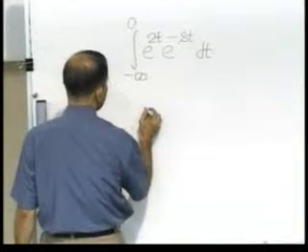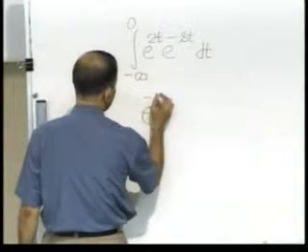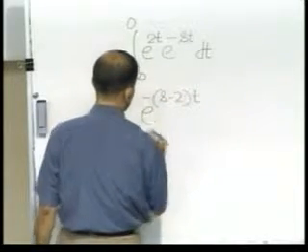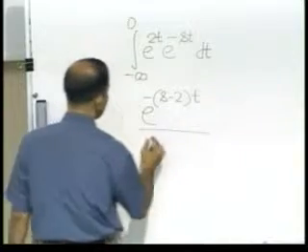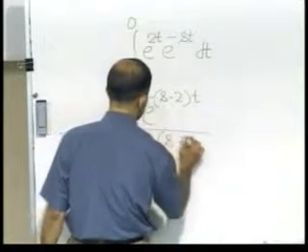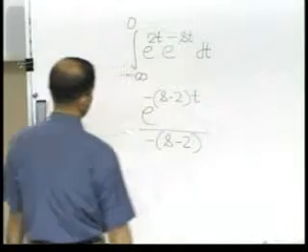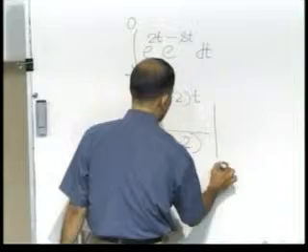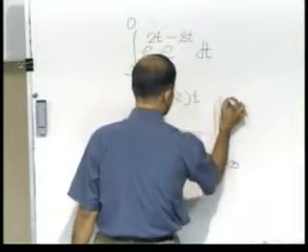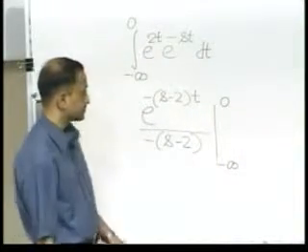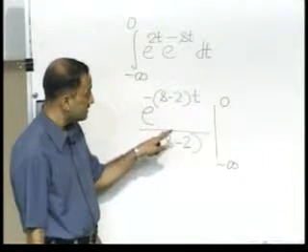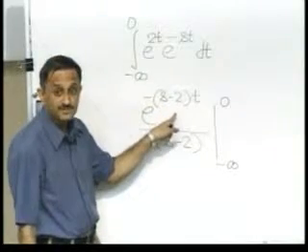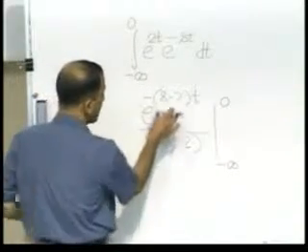And that gives us e raised to the power minus (s minus 2) t, divided by minus (s minus 2), or 2 minus s. But the limits are from minus infinity to 0. And this time, since we need this to converge, what do we want about the argument?